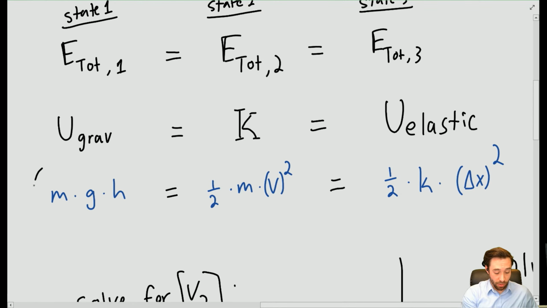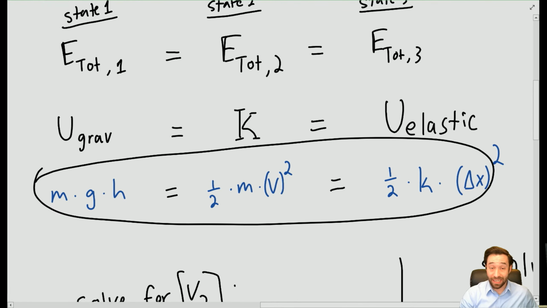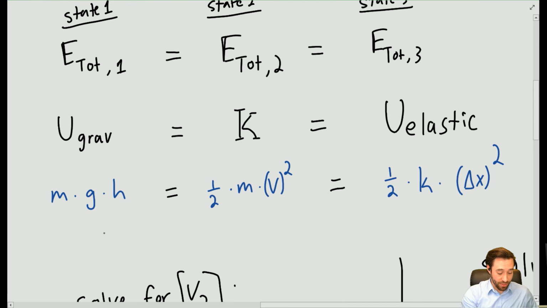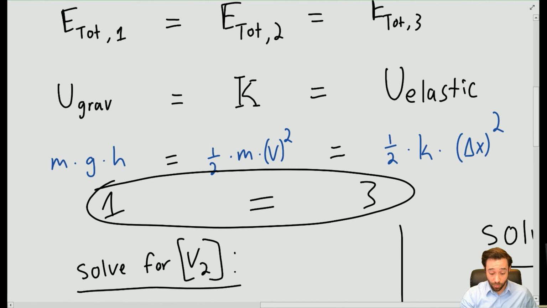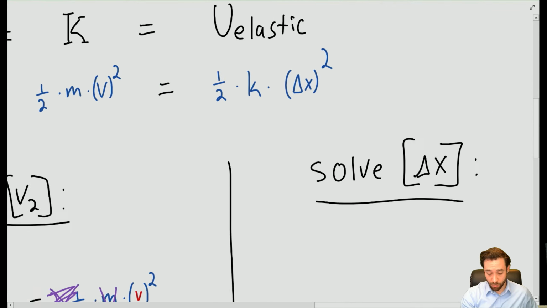But because all of these three states are equal to each other, we're going to do state 1 equals state 3. And the thing that we just did before was state 1 equals state 2. But it doesn't matter because they're all equal to each other. So we're going to do state 1 equals state 3 when we're solving for this.